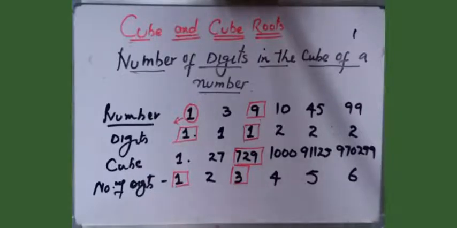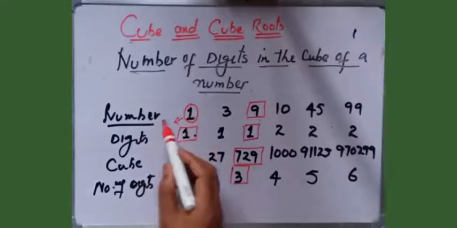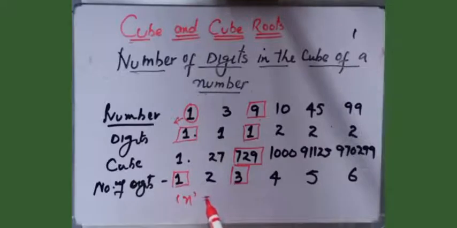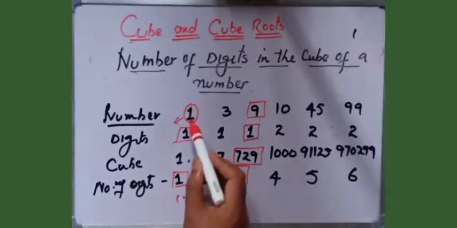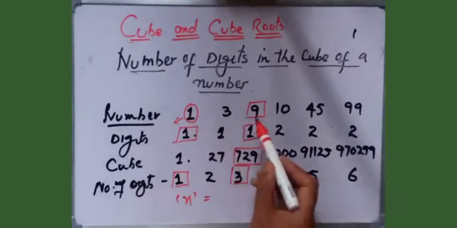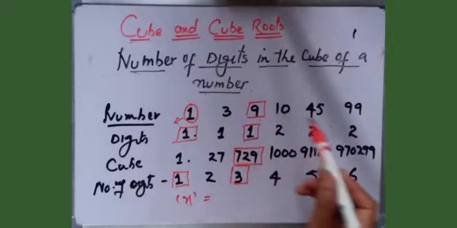So we can say that based on this, if there are n digits in the number, n means 1, 2, 3, 4. So for example, in this there is only 1 digit, and here there are 2 digits.